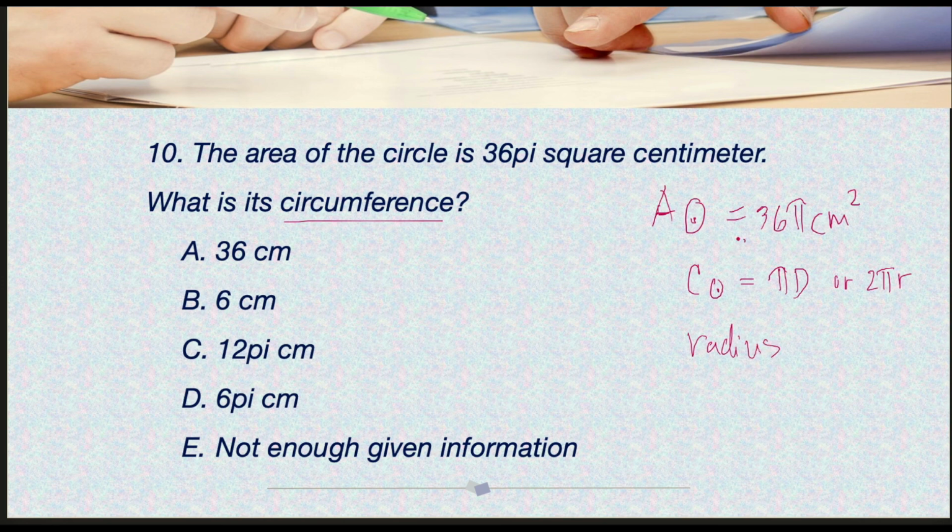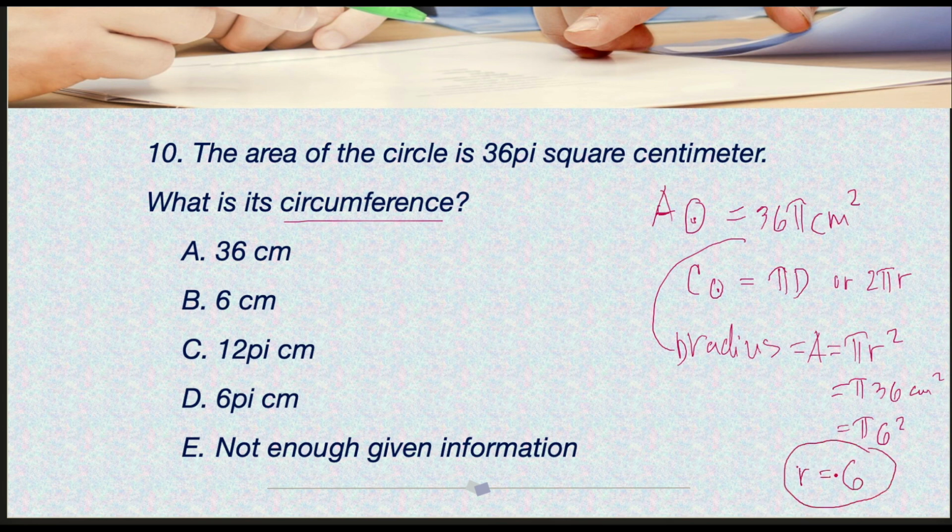From the given information, the area is 36 pi centimeter squared, and the formula for the area is pi r squared. It means that our radius squared is 36, so the radius is 6 squared. So our radius now is equal to 6, because 6 times 6 is 36.